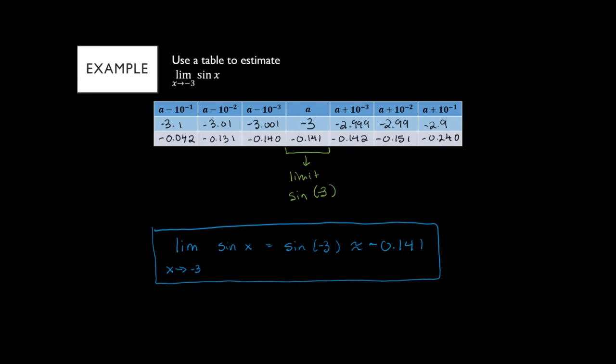So you want to give the most exact value as possible, which is why I wrote sine of -3, so that you don't have to deal with any rounding. But if you round it, that's fine too. That's just an approximate limit. Any questions?